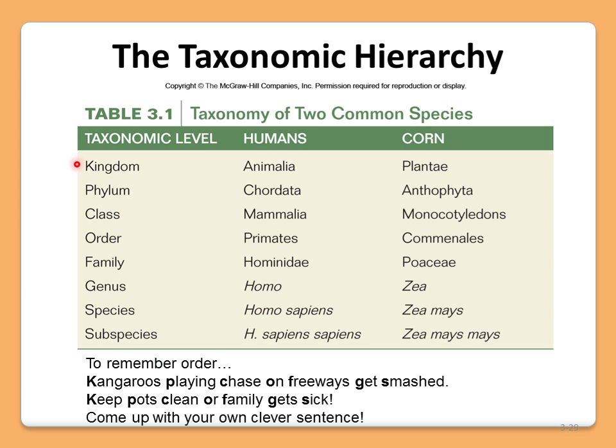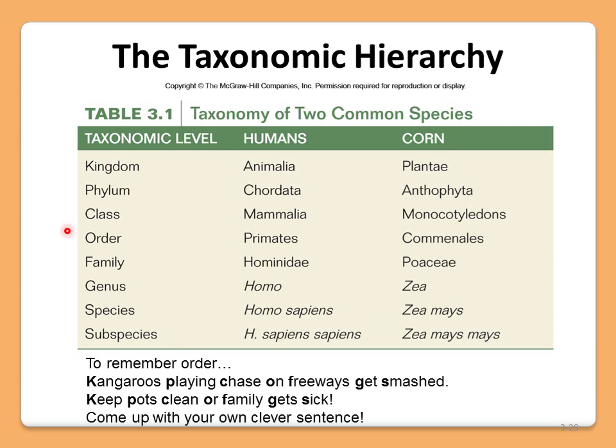To help you remember the order, a lot of people come up with a little mnemonic, looking at the first letter of each word and making a little sentence. You may have heard one of these before, but for example, like K for kingdom. So we have kangaroos playing chase on freeways get smashed. I know that's not very nice, but sometimes it is just useful to have something that helps you remember the order.